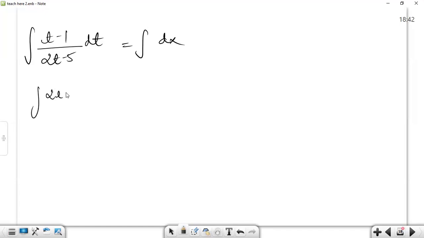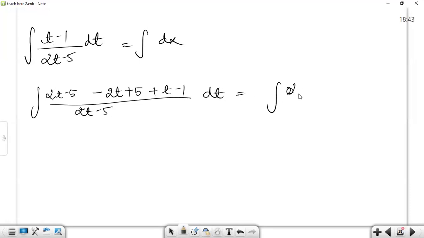So let's first write 2t minus 5, and also subtract whatever we have written, and plus the remaining is there itself. Understood? How have I written it? I have added and subtracted the same thing, so it will have a nullifying effect overall.